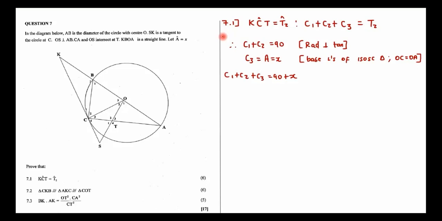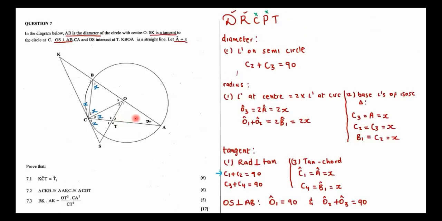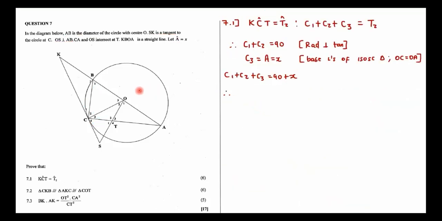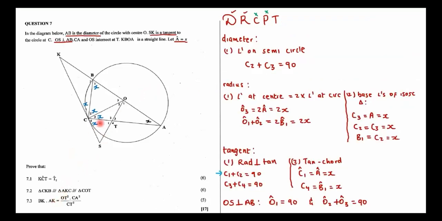Now we know the value for C1 plus C2 plus C3. The question that we're going to ask ourselves now is, what is T2? To find T2, we're going to go back to our information and see if we have T2. Unfortunately, we do not have T2. So what does that mean when you do not have T2? Basically, let me first locate this angle.